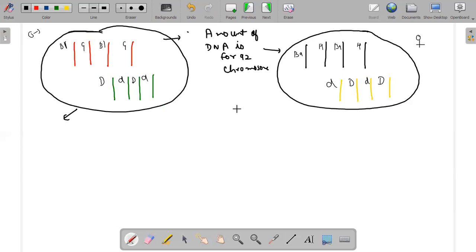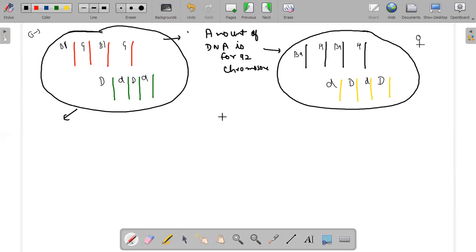Now I'm only talking about 2 pairs of chromosomes. Actually, we have 23 pairs, and I'm only talking about 2 characters: one is eye color, and the other is skin color. But we actually have 25 to 30,000 characters. We have so many characters, and I'm only talking about 2.